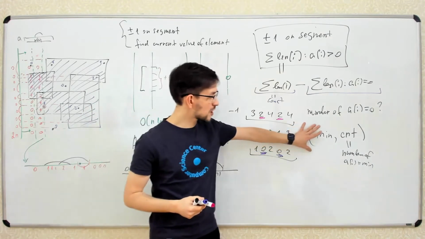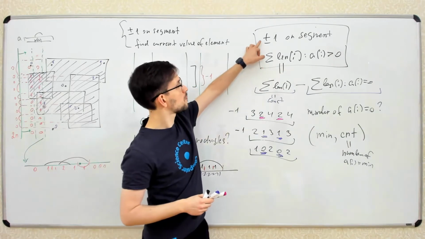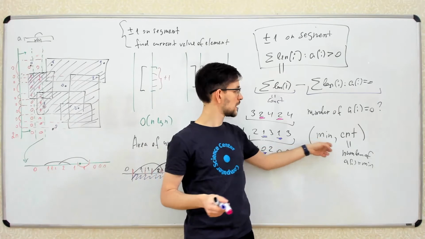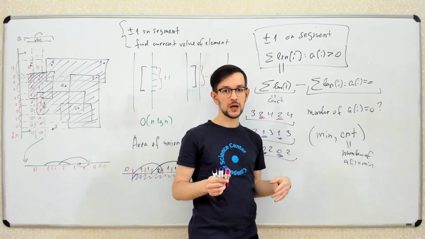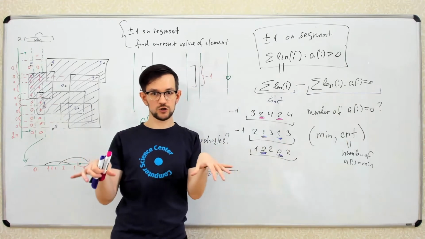And we can recalculate this value when we apply this operation. When we make plus or -1 to the whole segment, we will just increase or decrease this minimum. This count will be the same. And we can recalculate this pair from the pairs of our children.